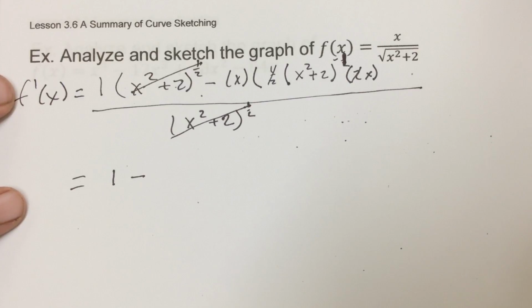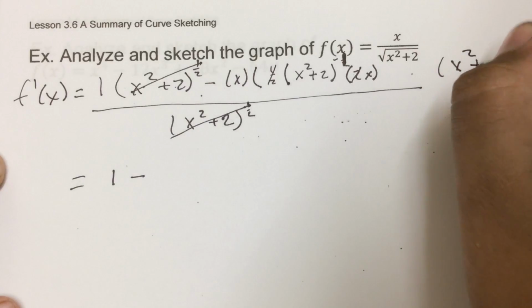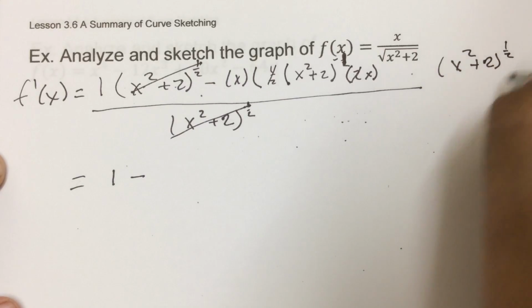Let me see if I want to do it this way. I don't want to do it that way. Here's what I'm going to do instead. I'm going to times the top by x squared plus 2 to the 1/2. No, to the 1.